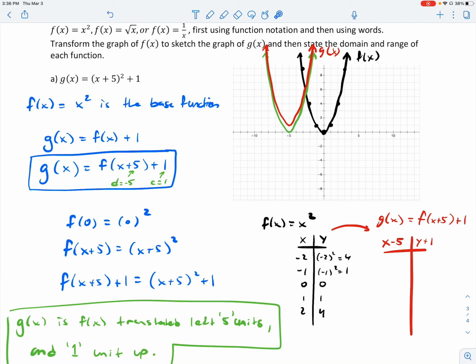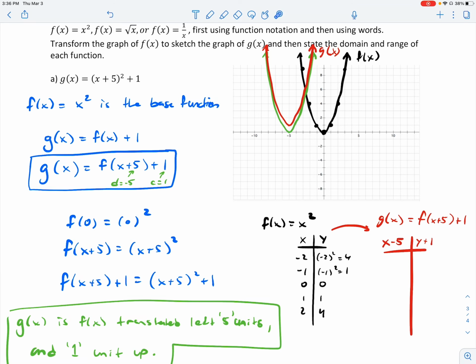When we shift over to the left 5 and then go up 1, that doesn't change the horizontal translation at all. So we could have actually gone up first and then moved over to the left, and you get the same final result. Those translations are independent from each other, and doing one does not really affect the other.